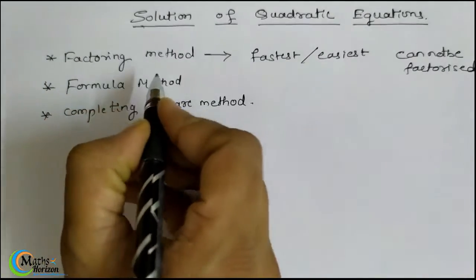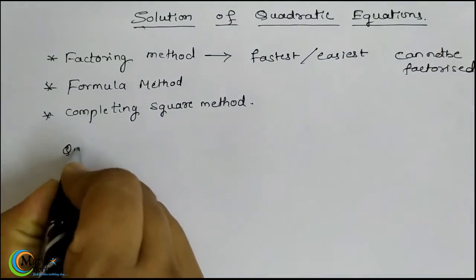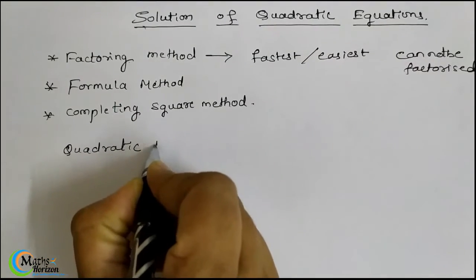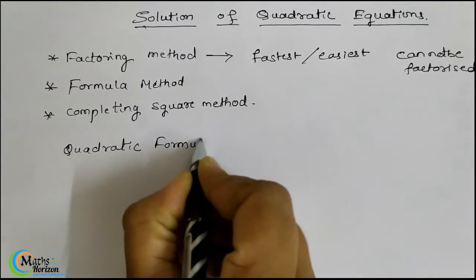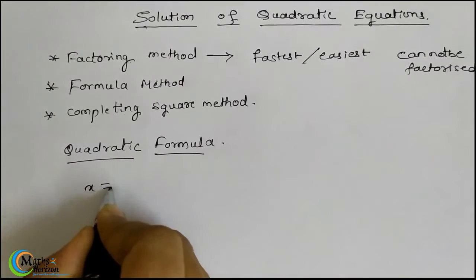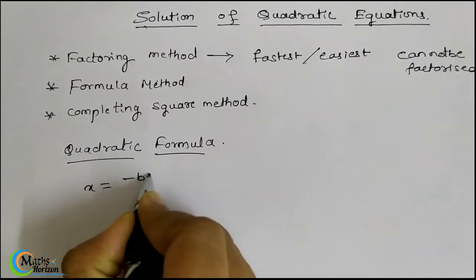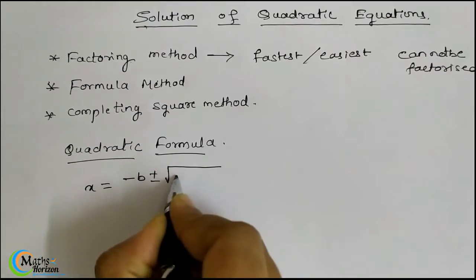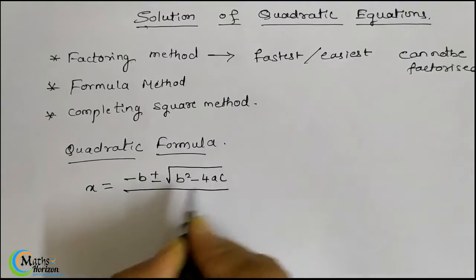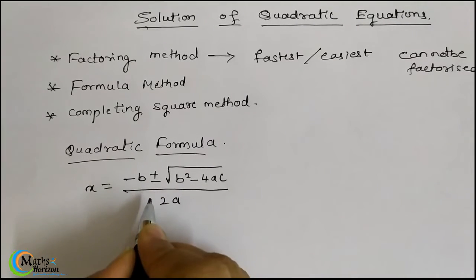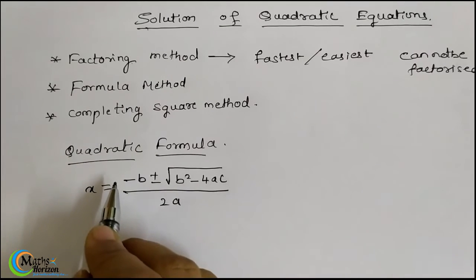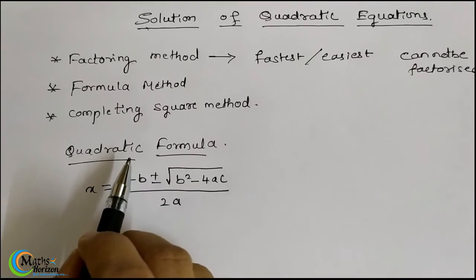In the formula method, we use the quadratic formula. The quadratic formula is x is equal to minus b plus or minus square root of b square minus 4ac, divided by 2a. Using this formula, we can find the zeros of a quadratic equation.